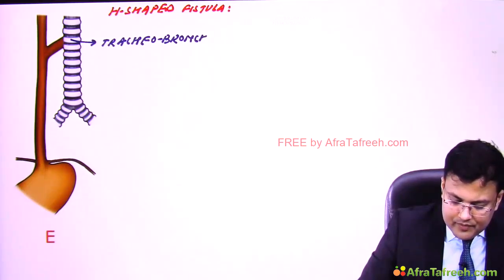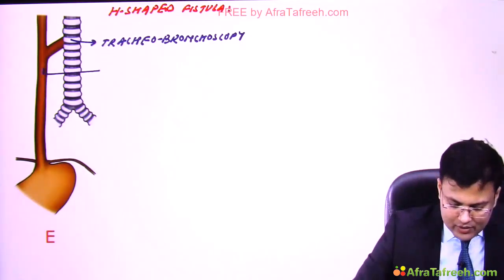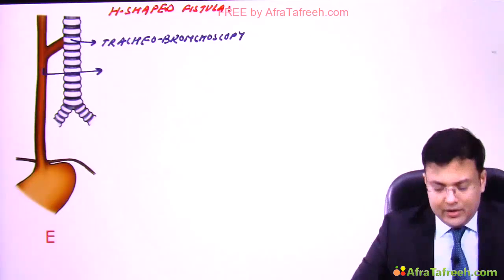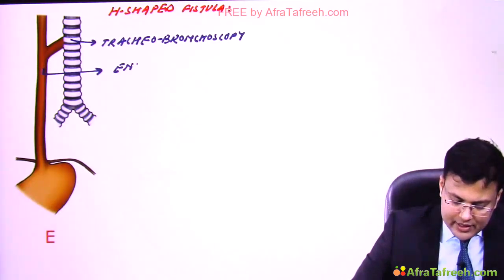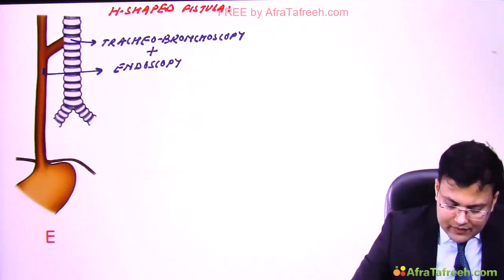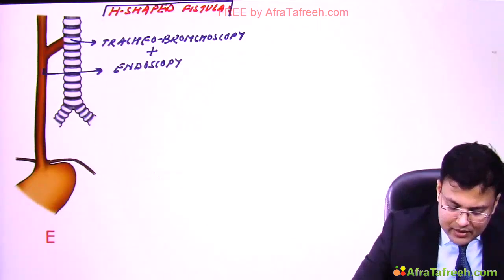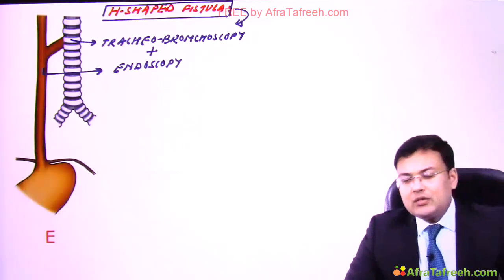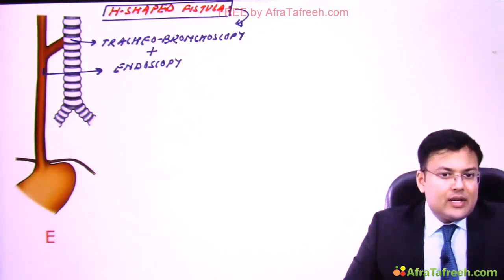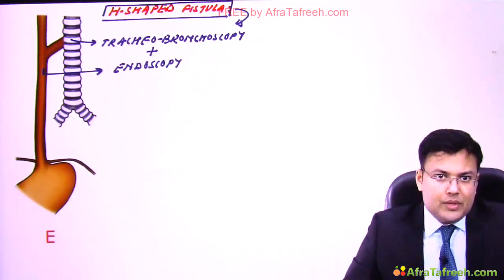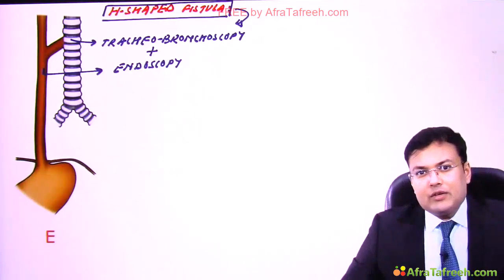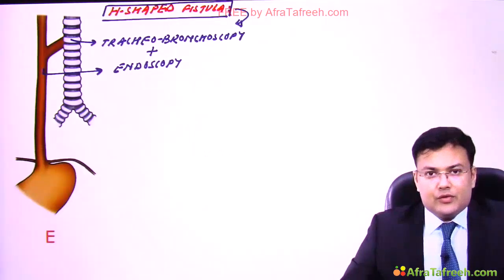And for assessment of esophagus, what? We go for upper GI endoscopy. So the diagnosis of type E fistula is confirmed by tracheobronchoscopy plus endoscopy. Clear? So this is how we are going to confirm the diagnosis of tracheoesophageal fistula.